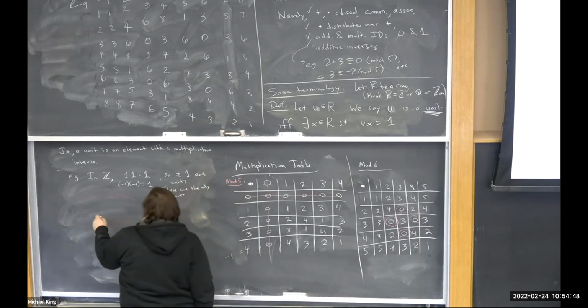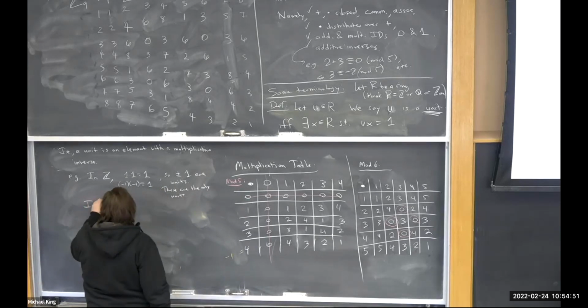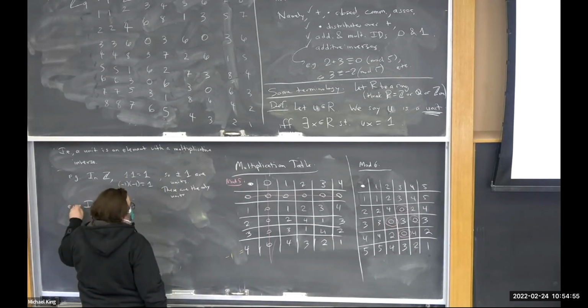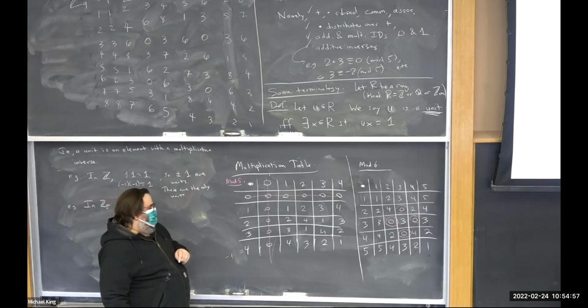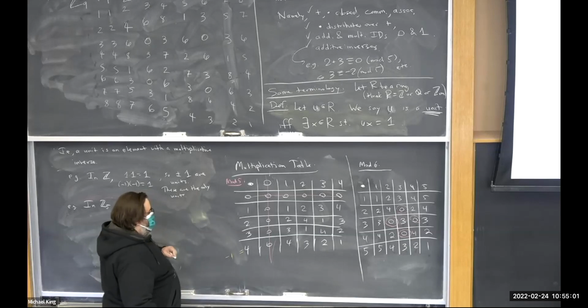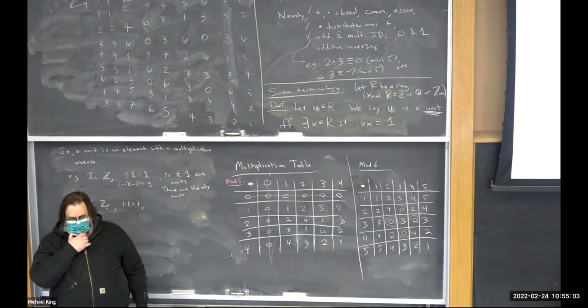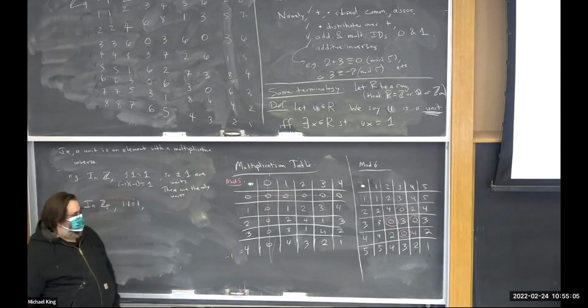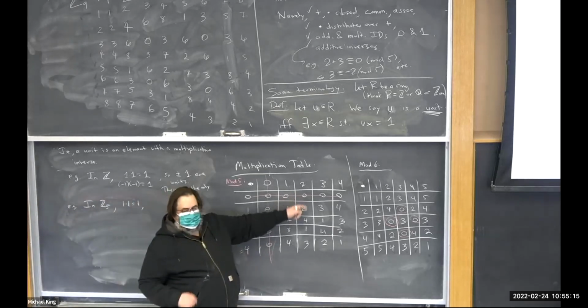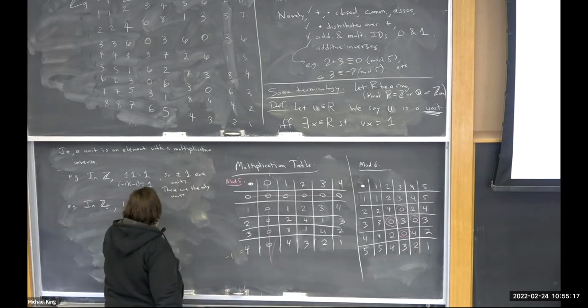What about in Z5? We still have 1 times 1 equals 1. What else has a multiplicative inverse? What else has something you can multiply by to get 1? Look, 2 times 3 is 1, so that makes both of those units.